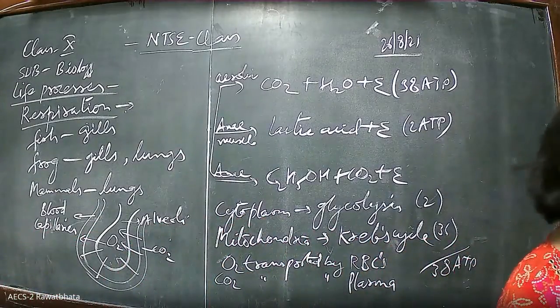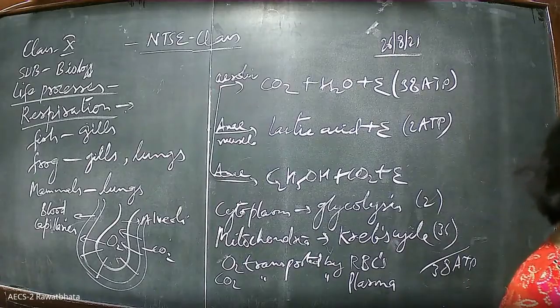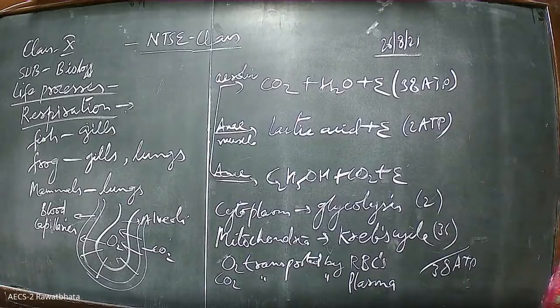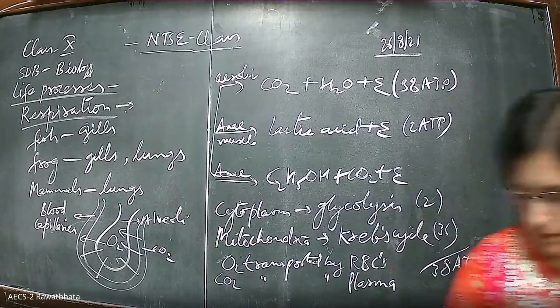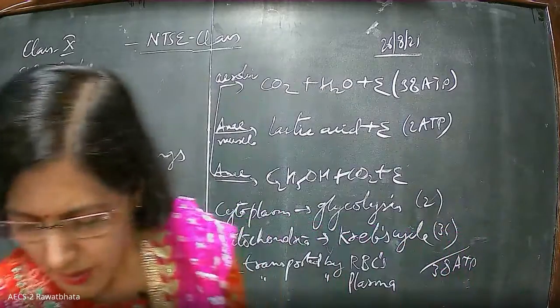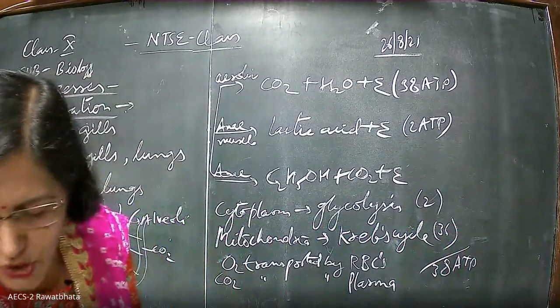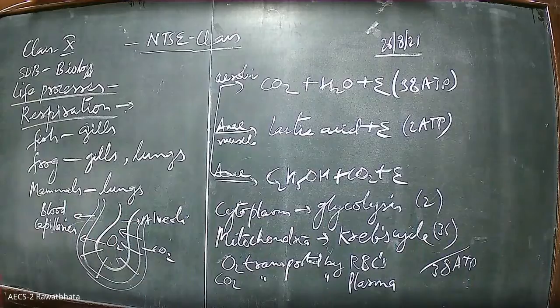Moving ahead and trying to understand the next category, that is transportation in human beings as well as transportation in plants. In case of plants, we know very well that the transportation of water and food takes place.